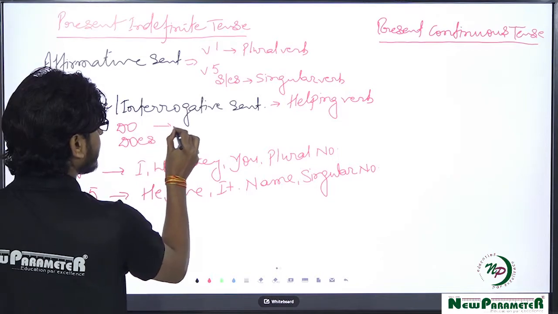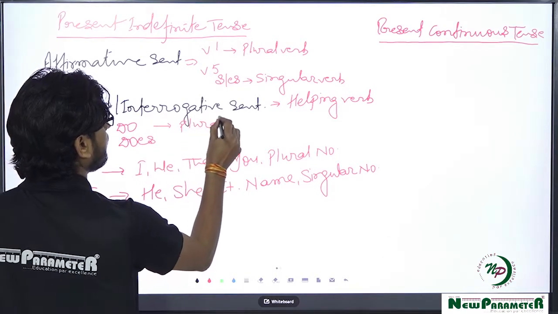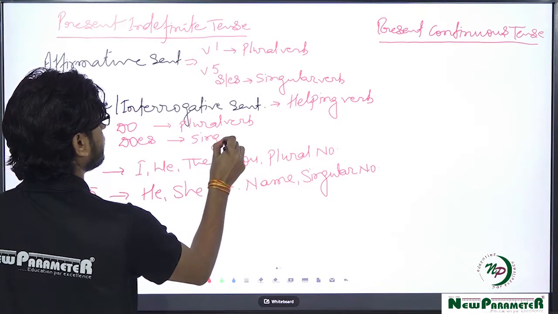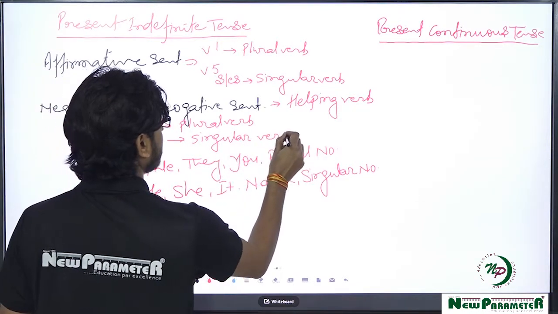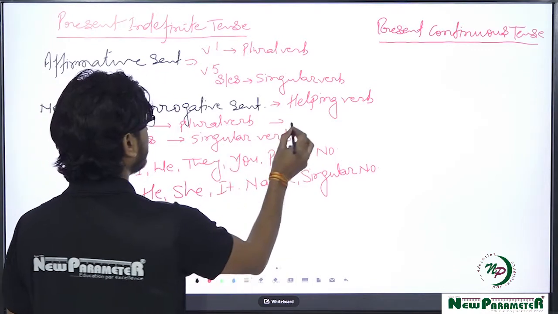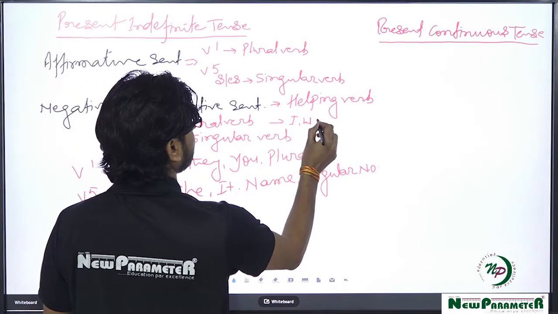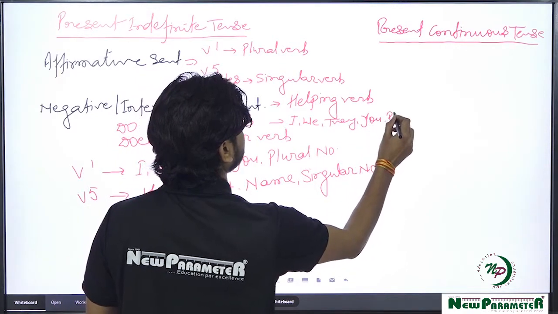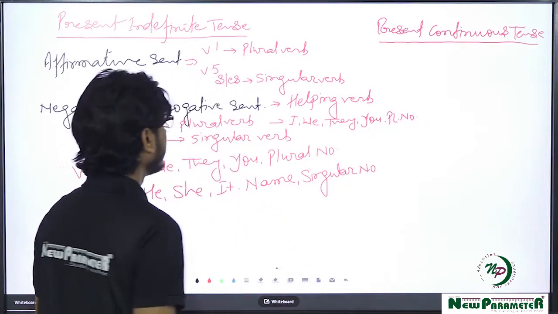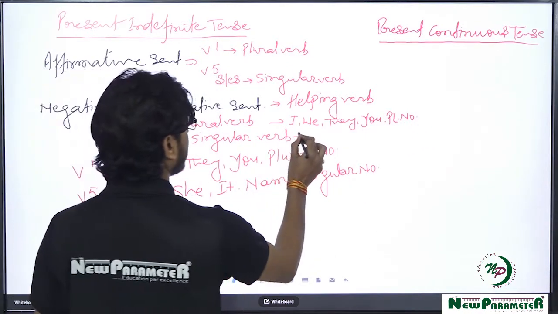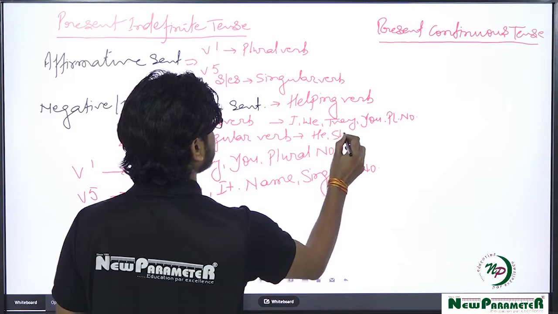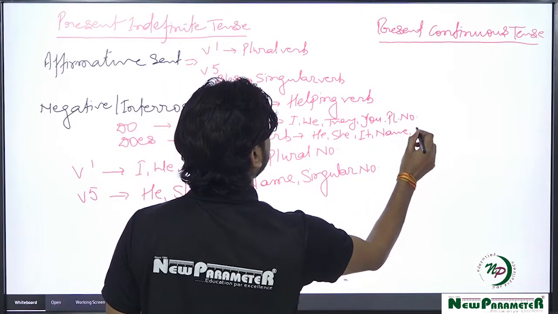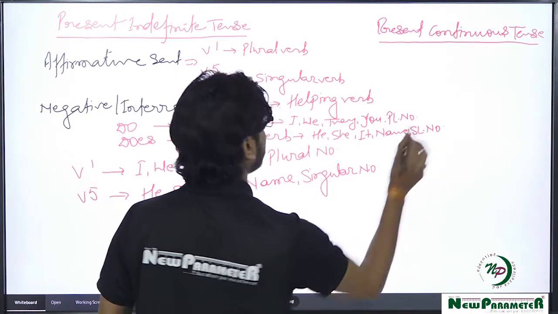Do is again considered a plural verb and does is considered a singular verb. So we use do with I, we, they, you and plural number, and we use does with he, she, it, name and a singular number.